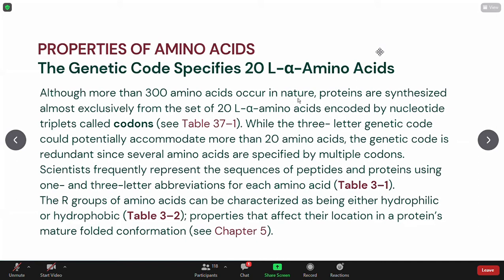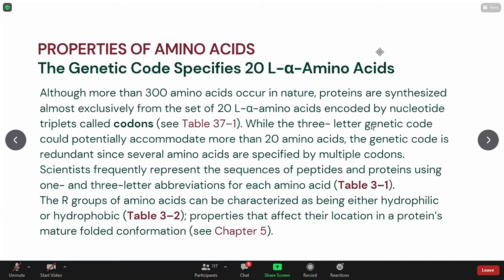And the messenger RNA are now translated by your ribosome. A sequence of 3 nucleotides constitutes what we call a codon. That's why we call this triplet nucleotide, triplet or codons, or a 3-letter genetic code.